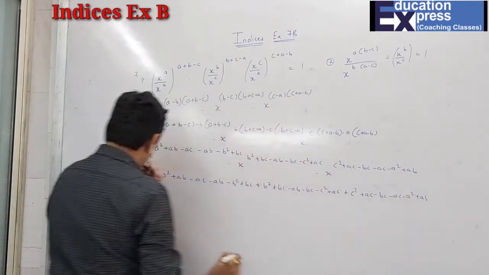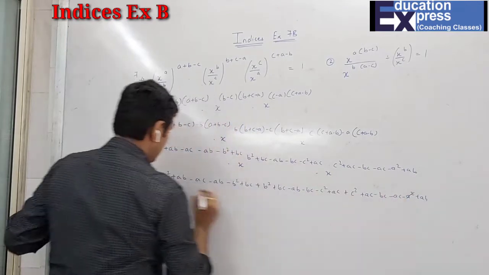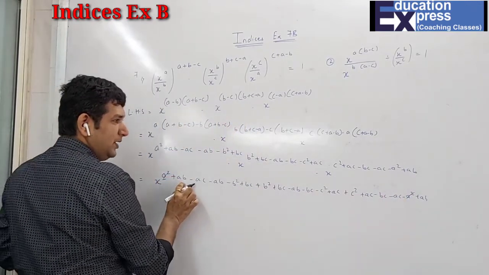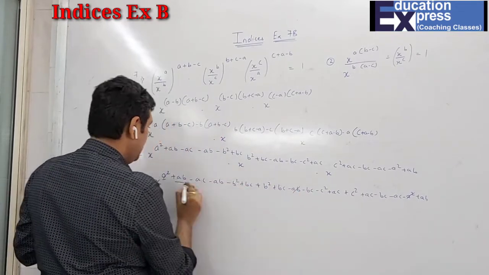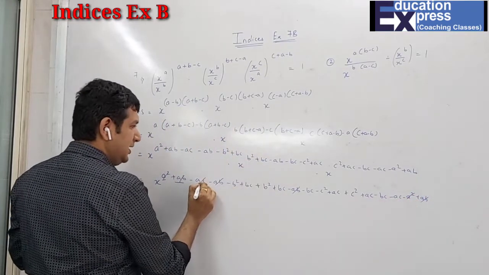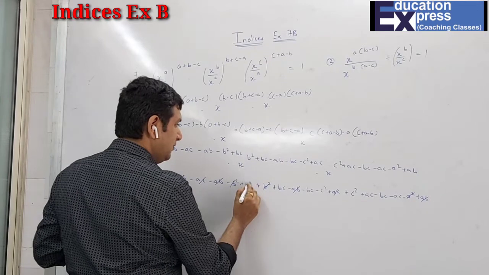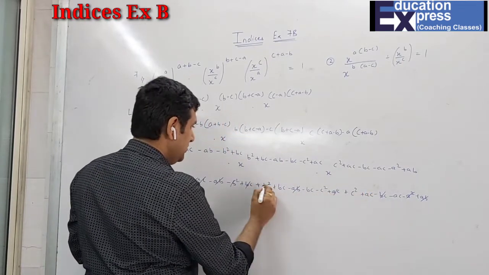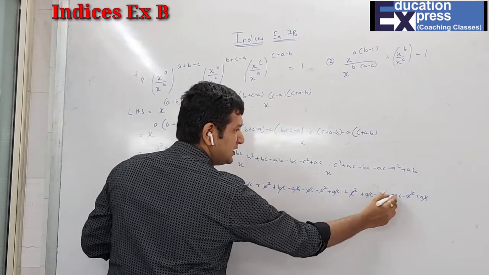So now students, we just see A square minus A square will get cut, plus AB minus AB will get cut, minus AB plus AB will get cut, minus AC plus AC, minus B square plus B square, plus BC minus BC plus BC minus BC, minus C square plus C square, plus AC minus AC.